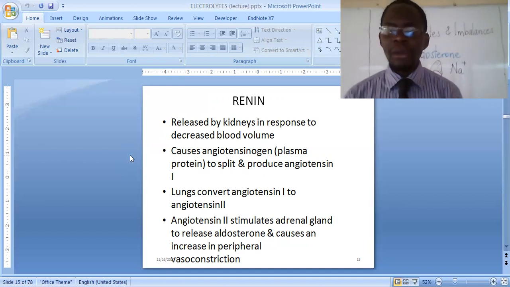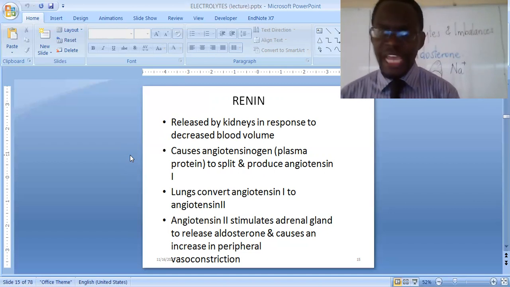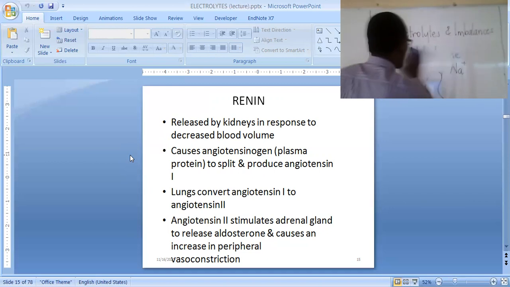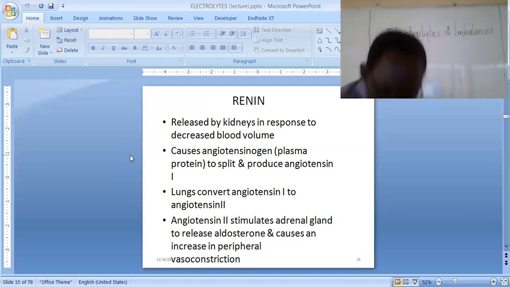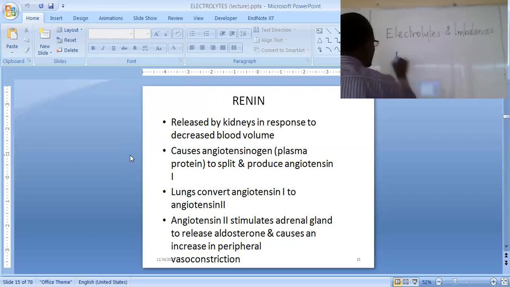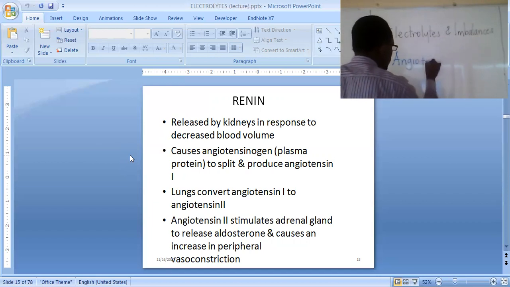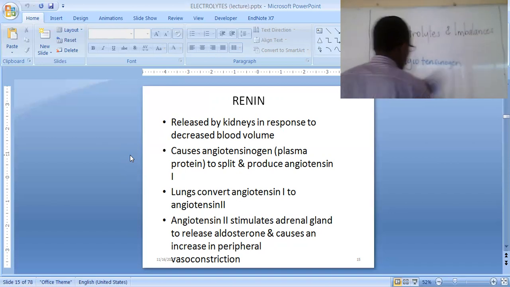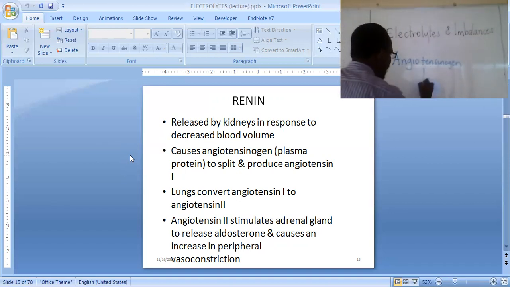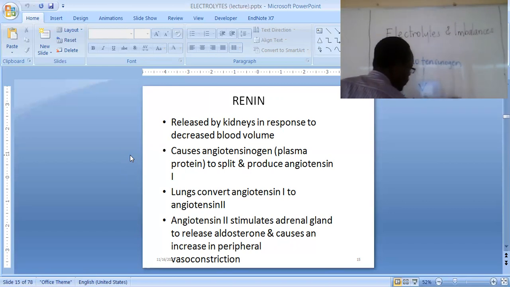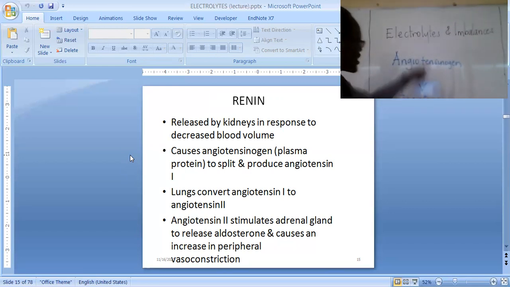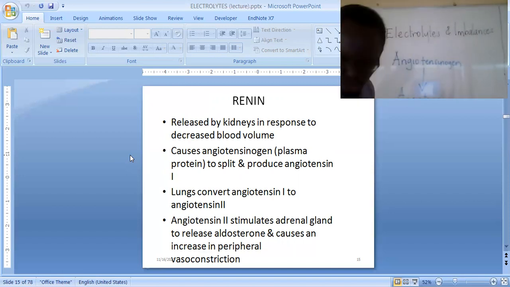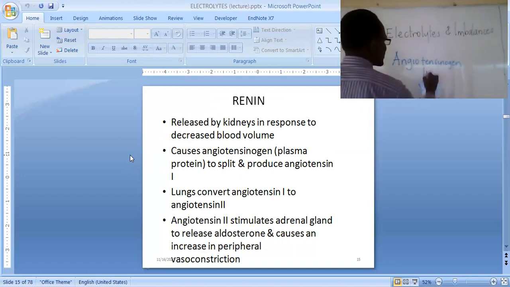Now, what renin actually does is cause conversion of angiotensinogen to angiotensin 1. The enzyme that does this is renin.